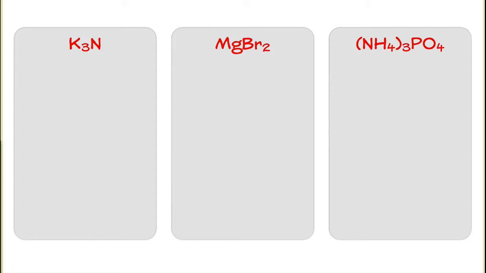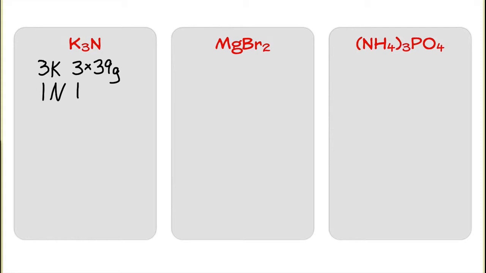So for this particular compound, we've got 3 potassiums, and we've got 1 nitrogen, and the atomic mass of potassium on the periodic table is 39 grams. That's for every 1 mole of potassium, you get 39 grams.